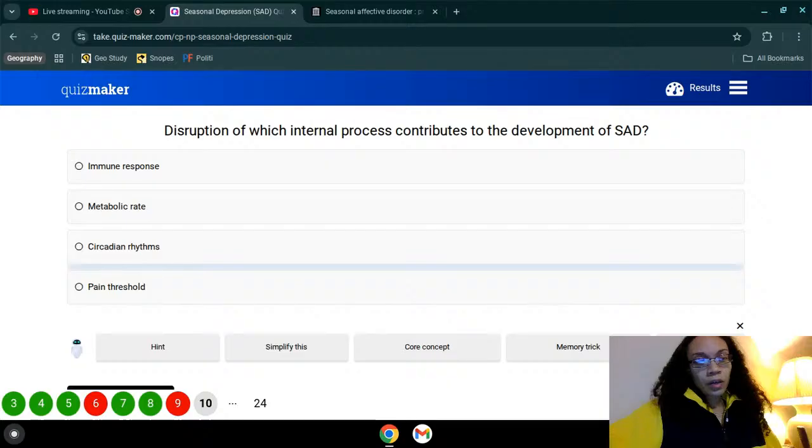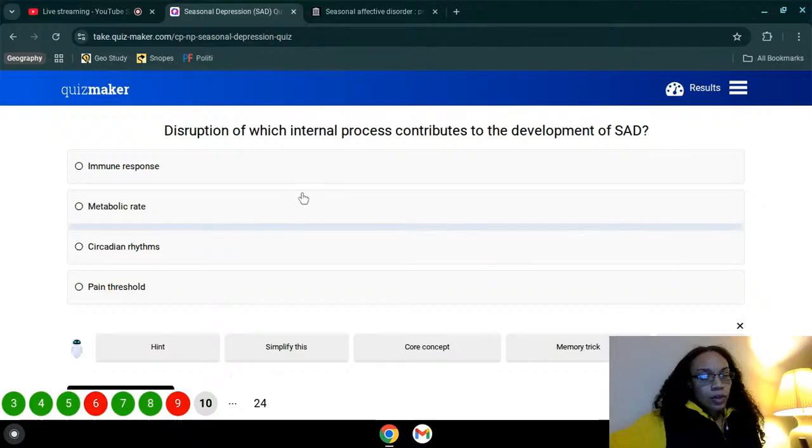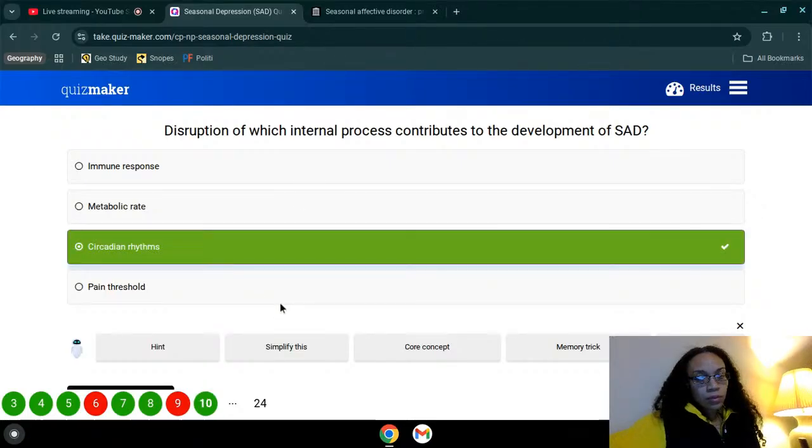All right. So, disruption of which internal process contributes to the development of SAD? I think it's circadian rhythms. Cool.